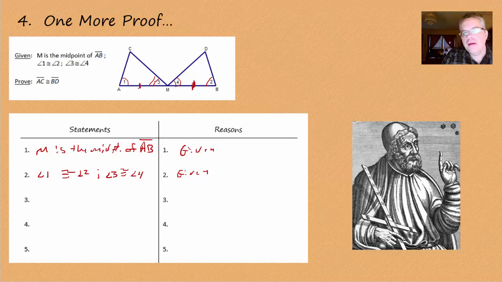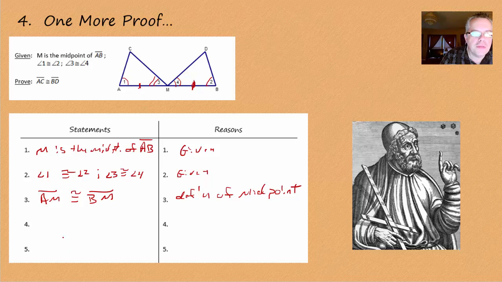They were given. The third congruence is what we marked here, that AM is congruent to BM. We got to say that. So AM is congruent to BM. That's the third matching part. And that is definition of a midpoint. Because M is the midpoint, it divides AB into two equal segments. That's why we know those are equal or congruent. Okay, definition of midpoint. Now, we got our angle, side, angle.